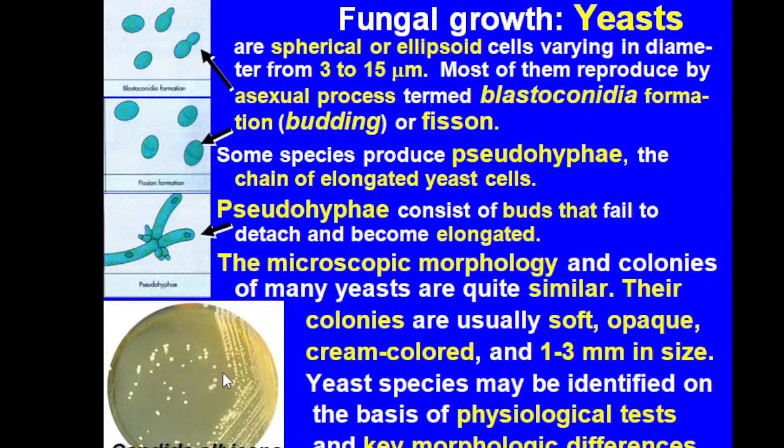Because they are larger than bacteria, yeast species may be identified on the basis of physiological tests and key morphological differences. For example, the design of pseudohyphae may be very important in identification, for example, of Candida, in differential identification.